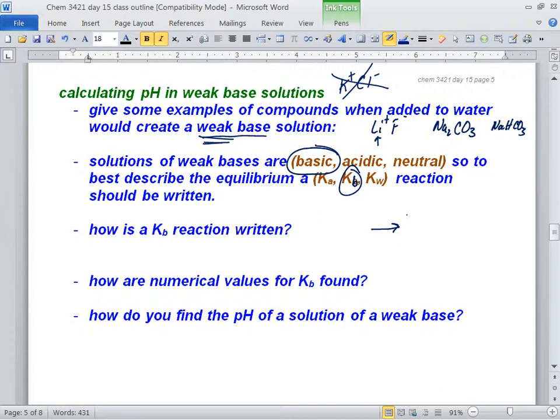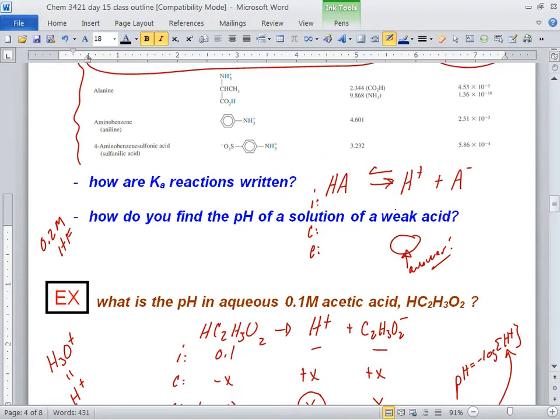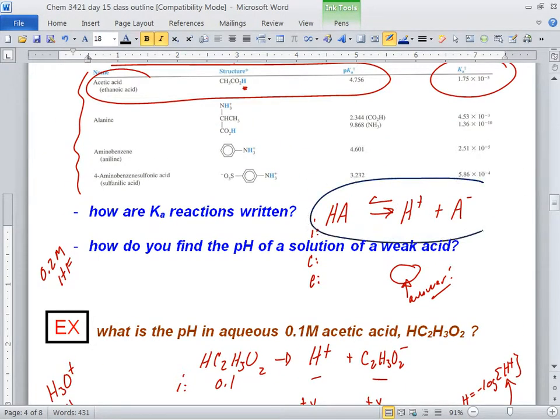It wants to follow the same format as our Ka. So our Ka, you had your acid, and it does its job. It creates hydrogen ions. The weak base doesn't generate hydrogen ions. It generates what?